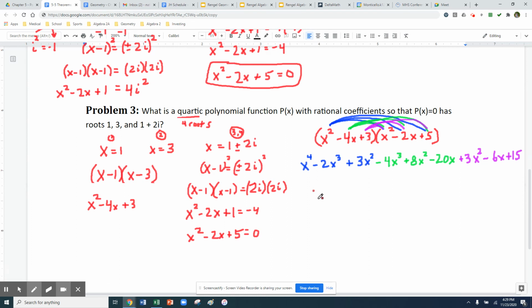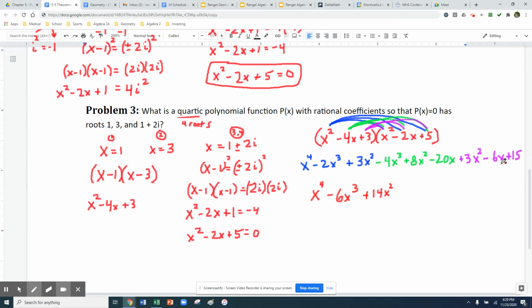So I've got an x to the fourth. That's the only x to the fourth that I have. Next, I've got a negative 2x to the third and a negative 4x to the third. So that's going to combine to make negative 6x to the third. Then I'll have 3 squared terms. So I got a positive 3, a positive 8, which is positive 11, and a positive 3, which is positive 14. So I got a 14x squared.